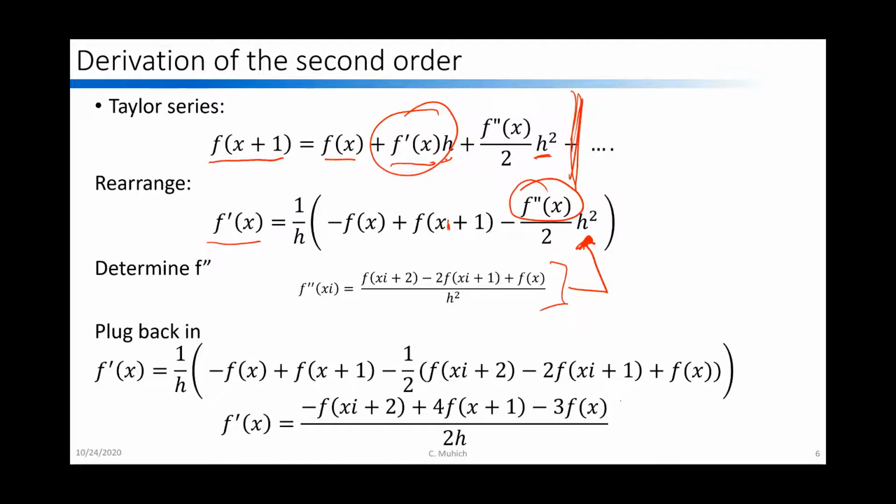Note it looks a little bit different because here we have this x of i plus 2 term, so I need to look not just to the next point, but 2 points out. So we need to bring in a little bit more information when I'm dealing with that second order estimate.